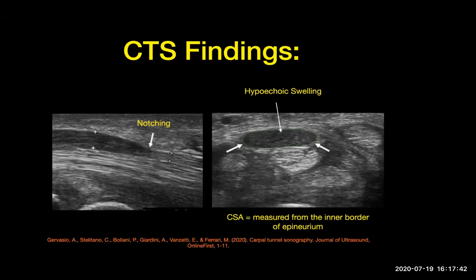So we measure from the inner border of the epineurium. Okay, it's very distinct, and then you can get the measurement. Usually they say 10 to 12 is normal, but it is always important to compare right and left.